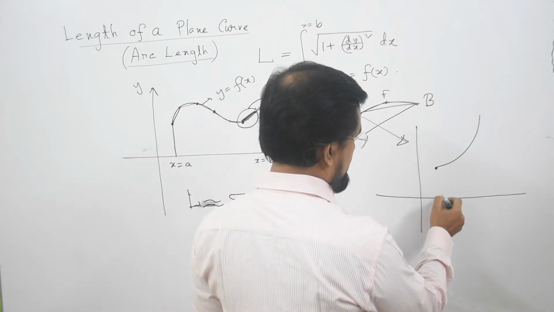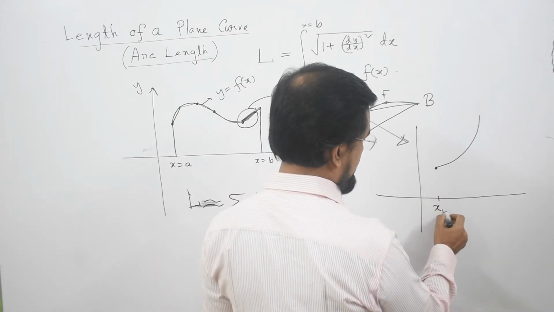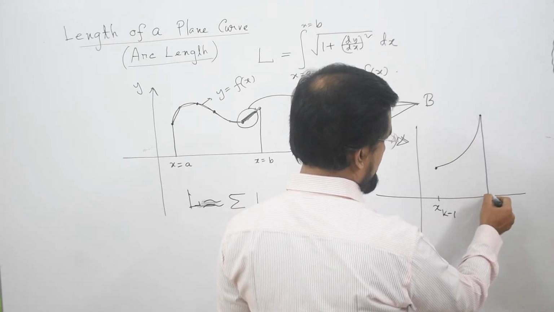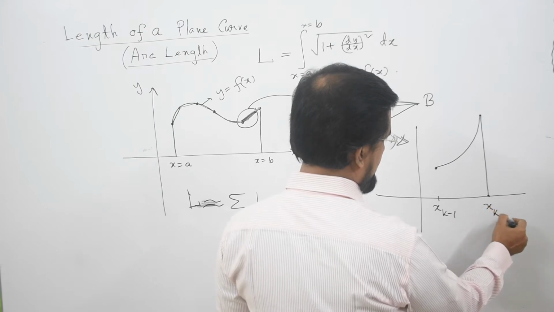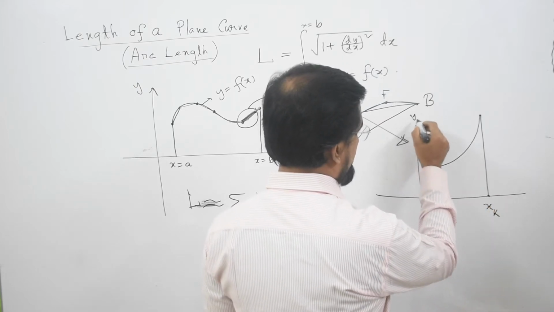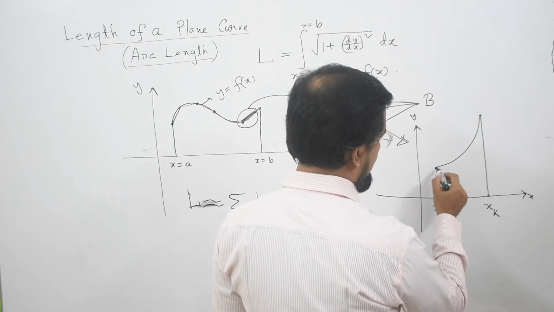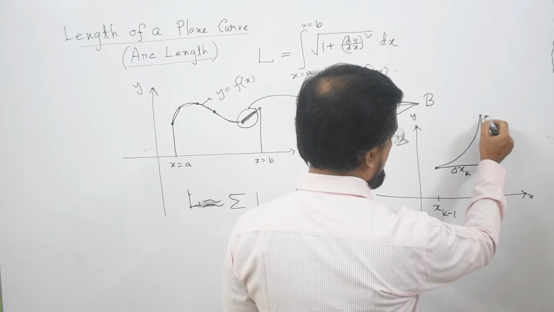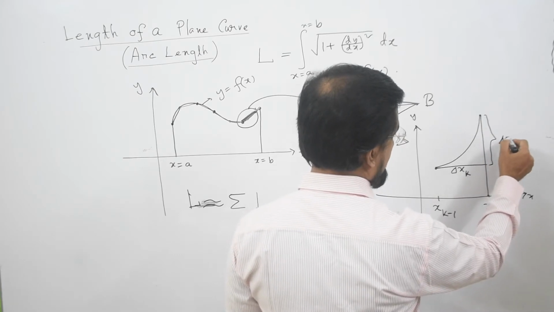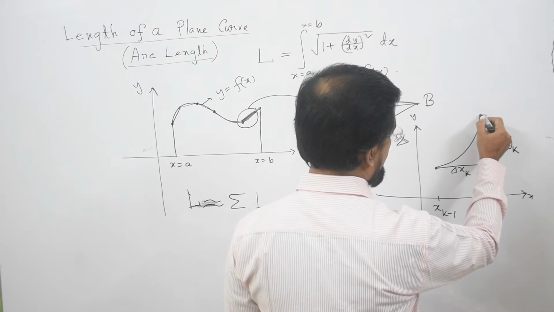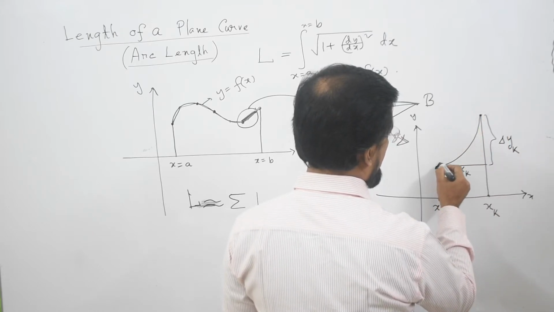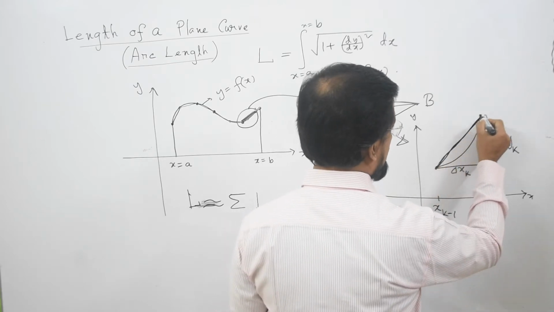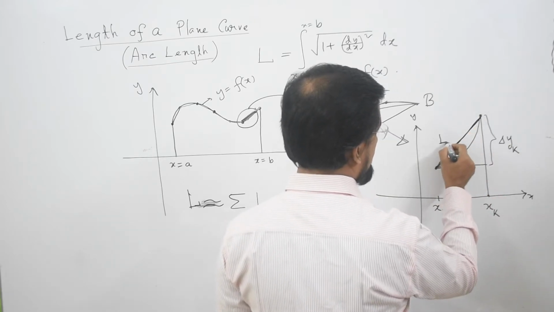Let's say this point is at x equal to k minus 1 and this point is at x equal to k. So the change of x is delta x k, and the change of y is delta y k. Now we want to calculate the length of this line segment. Let's say this one is L k.